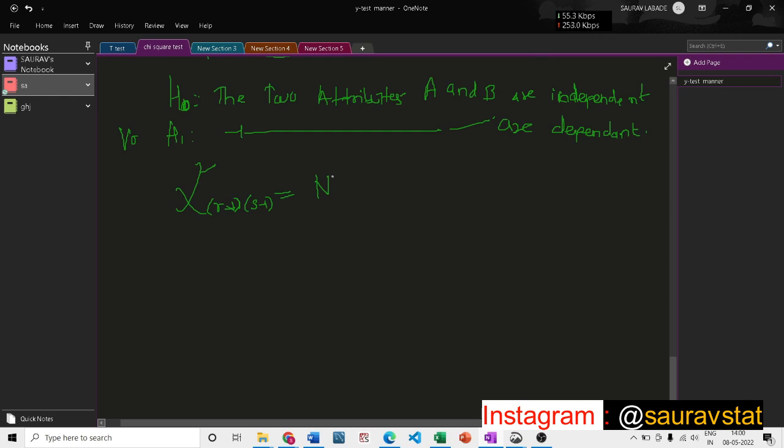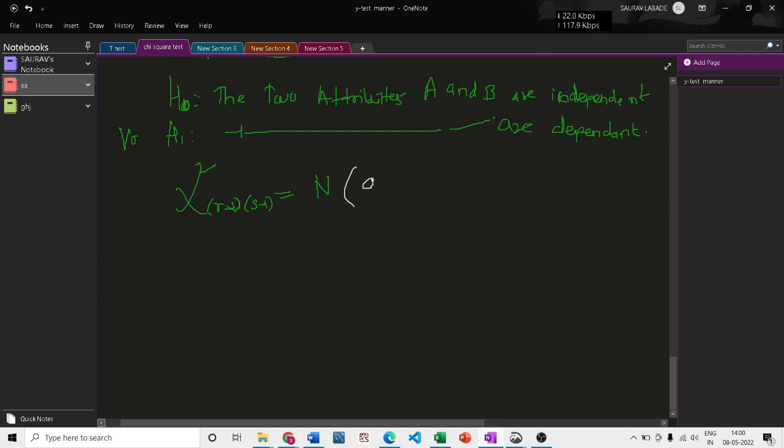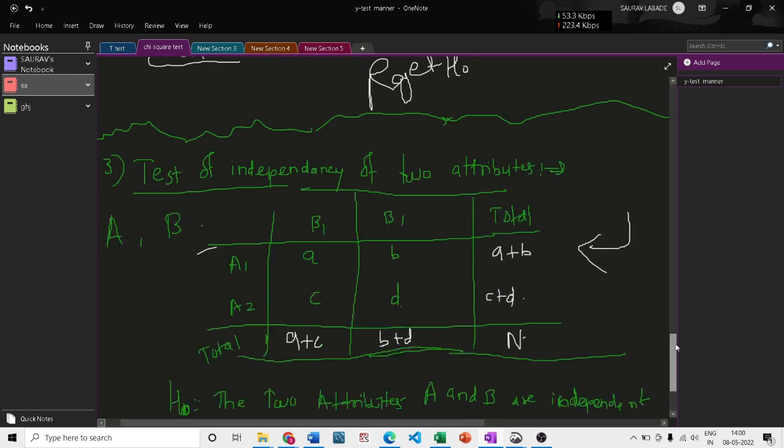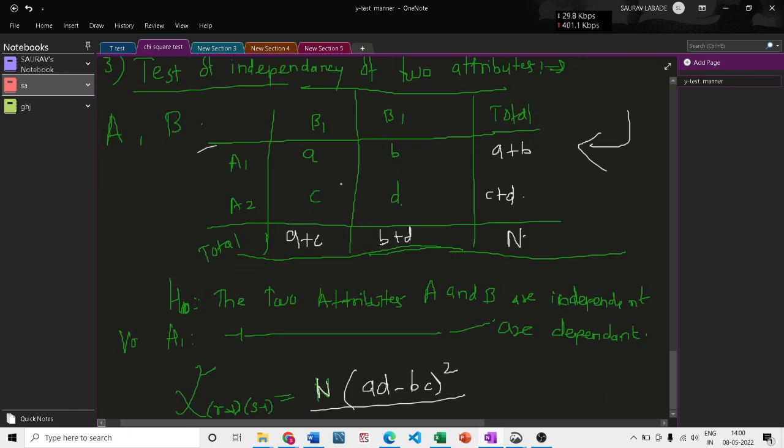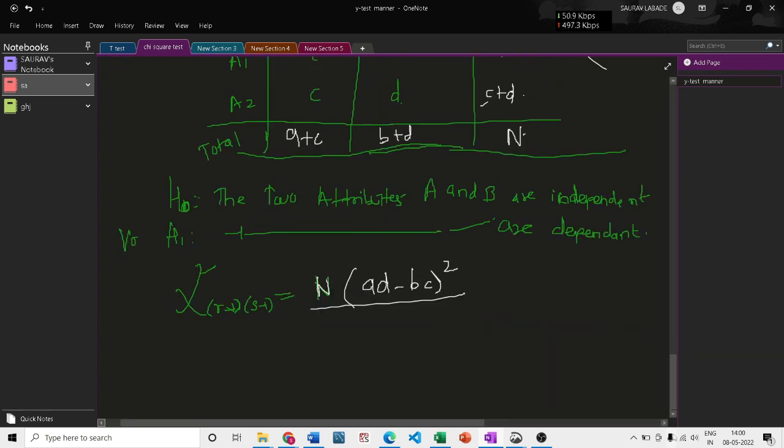So what will be the test statistic? It is capital N multiplied by (AD minus BC) whole square. Capital N into (AD minus BC) bracket square, divided by what is your denominator? Just multiply all these totals: (A plus B) into (C plus D) into (A plus C) into (B plus D).